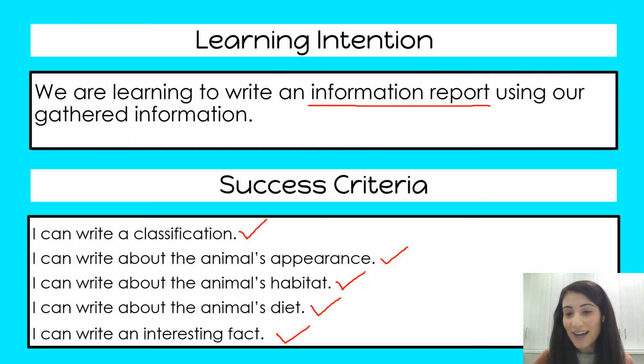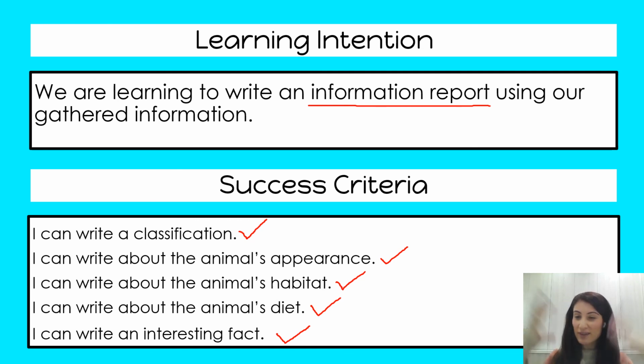Great listening today, everybody. Thank you for being a part of today's lesson. Miss Coote and I can't wait to see your final information reports about lions. And if you want, you can also do another labeled picture of your lion and put it into your information report, maybe somewhere at the end of your report.